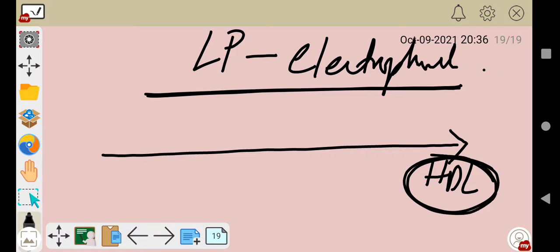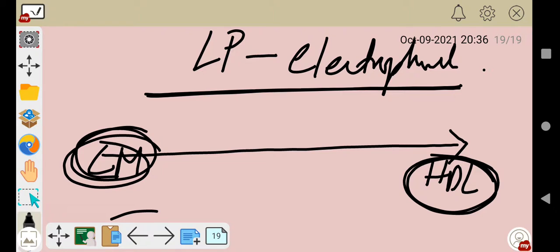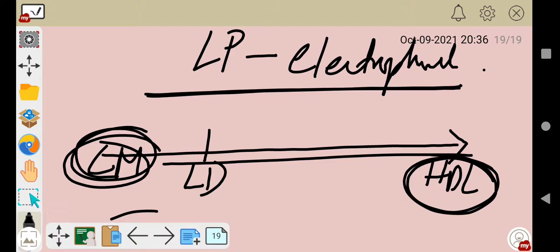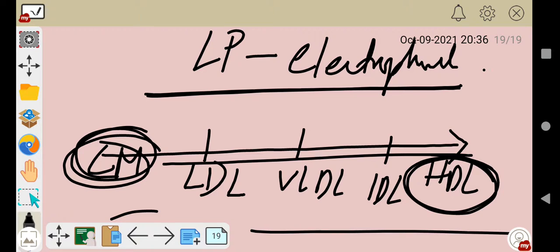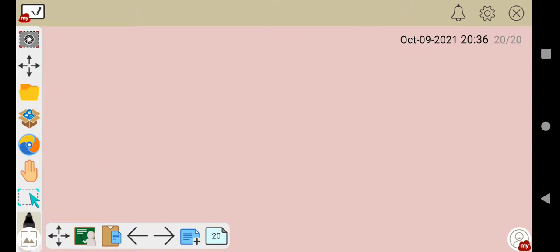And the slowest is chylomicron because density is less but lipid is maximum. So it is heavy and cannot move. HDL is light, so it will move. So after chylomicron there is LDL, VLDL, IDL. Simple. This is the electrophoretic mobility of all lipoproteins, right? Okay, next.